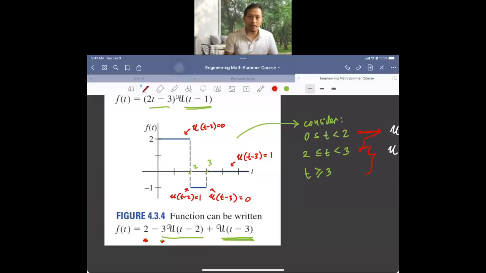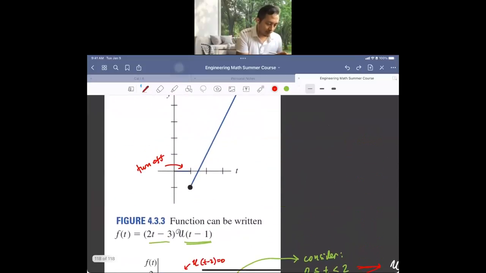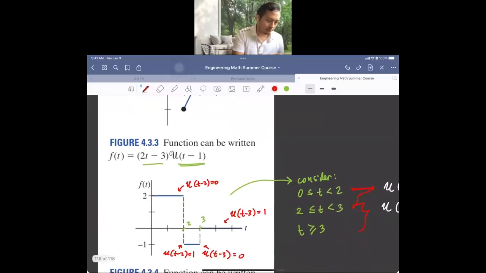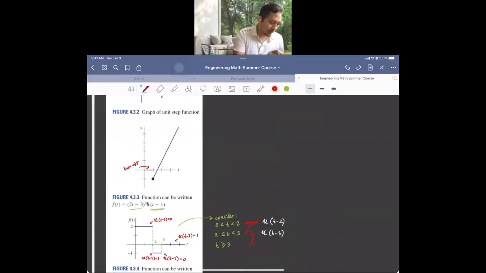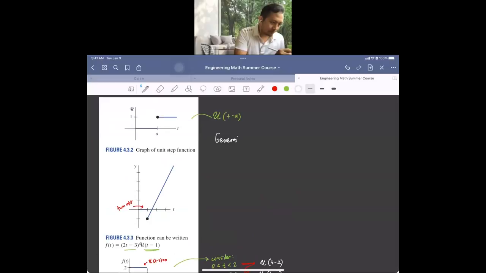And then when we multiply, we can write down that at some certain point it will turn off. It will be just a 0 value. So generally, we can write that the function is equal to g and h for some interval from 0 to a, and then from a onwards.